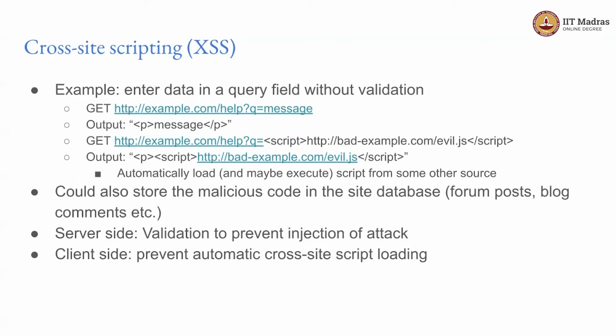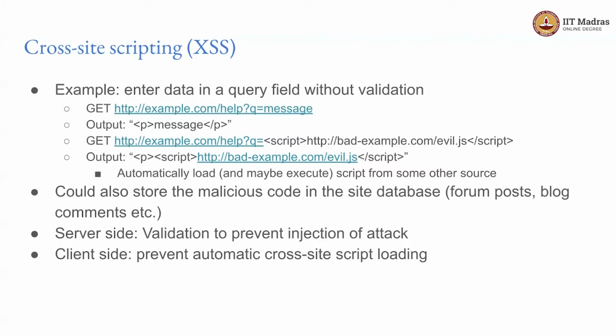Now, the problem is that because this could just be a GET request, potentially a bad actor could redirect you to another page where they show you a well-crafted link, one which says http example.com/help?q= and then whatever the script is after that. So it has a script tag. If your server is just taking this without any form of validation, the data from whatever was entered in the script tag will directly be output into the page.